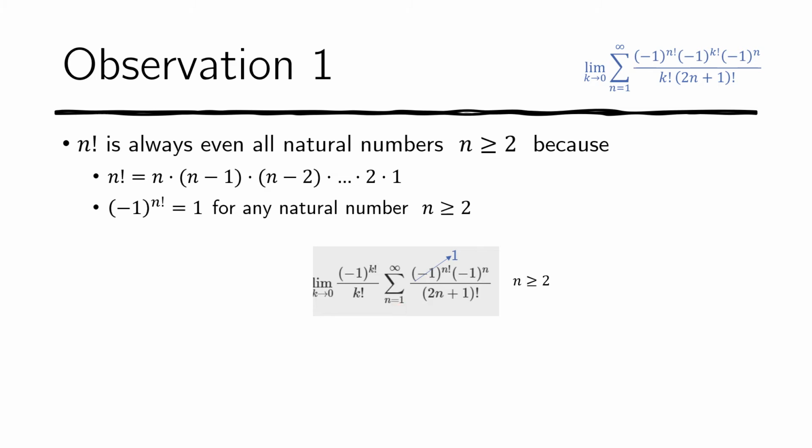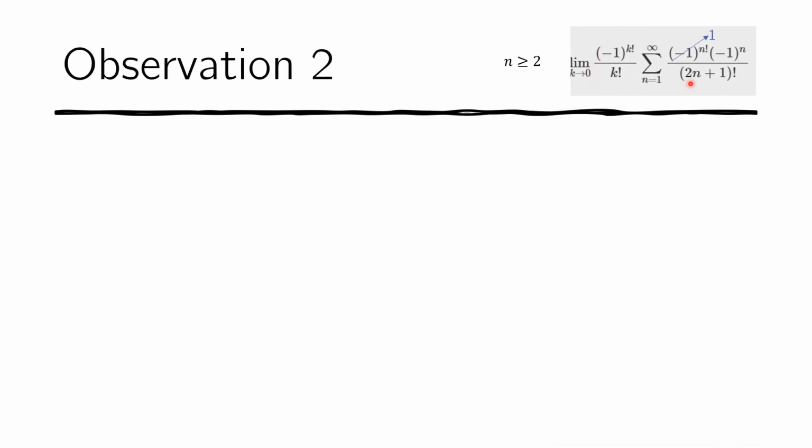This is the result from the previous slide. Just before we separate the n equals 1 term, let us make a few observations regarding the limit as k approaches 0.